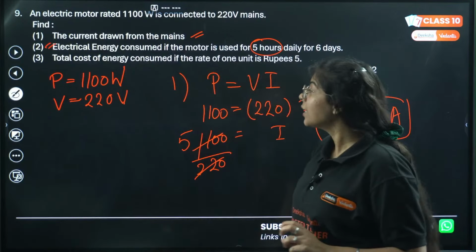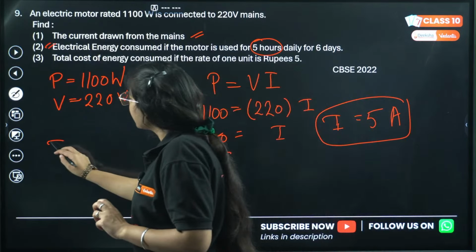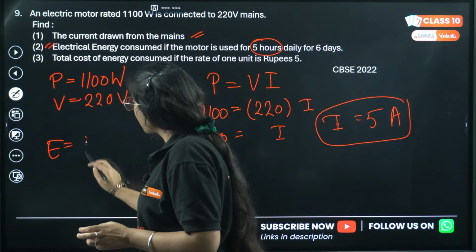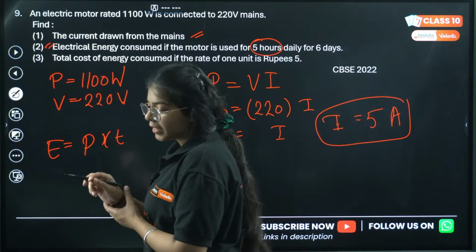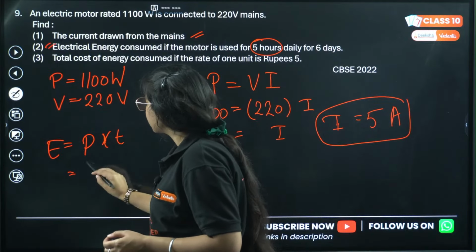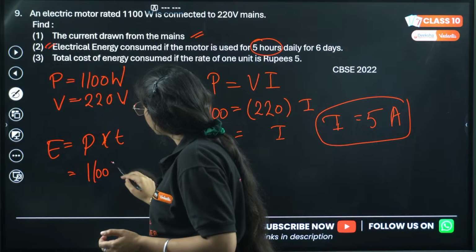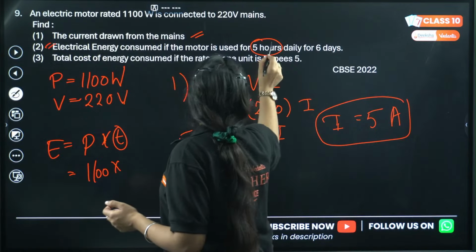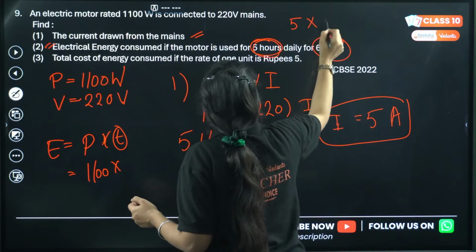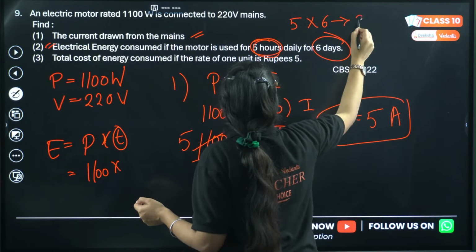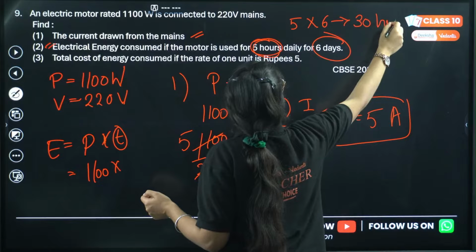The second part, we need to calculate electrical energy. We just saw from the previous question that electrical energy formula is power into time. Power is given, which is 1100 watt, into time is 5 hours but for 6 days. So that will be 5 hours for 6 days. That will be 30 hours. Correct?